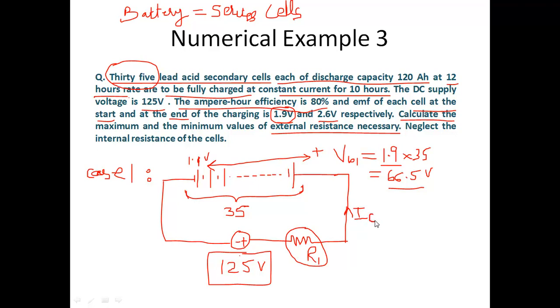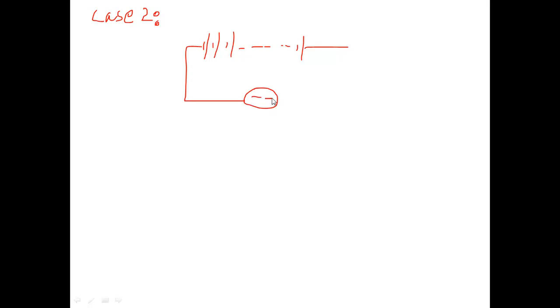Suppose we take the charging current as IC. In the second case, we have the same set of cells. Again, we have 35 cells, and we have the same supply voltage, that is 125 volt DC.